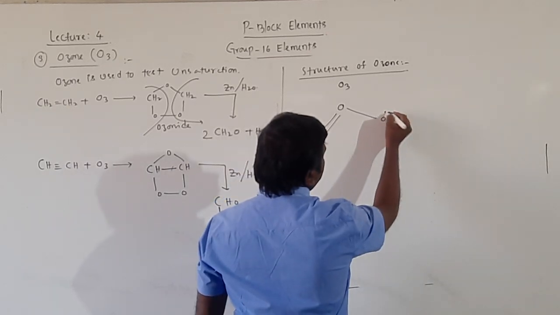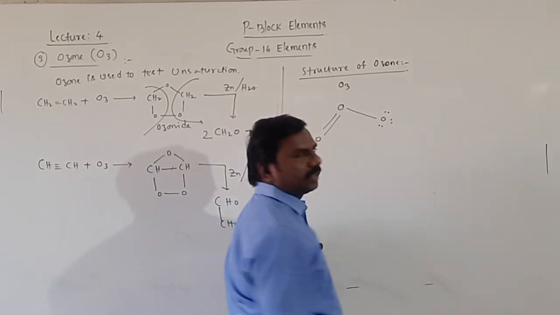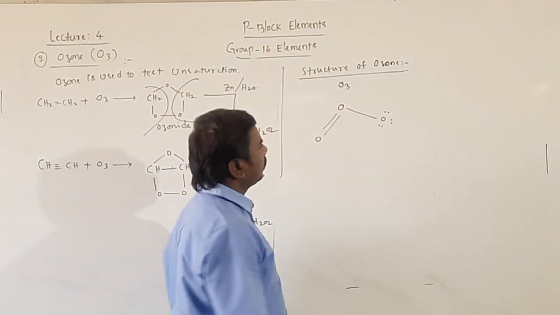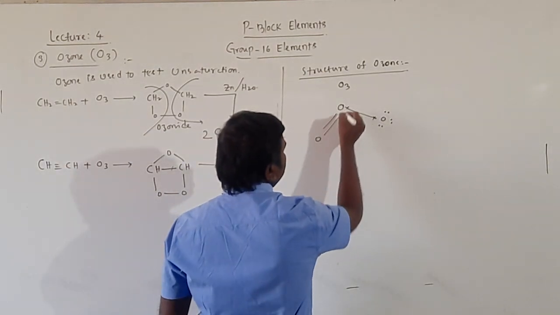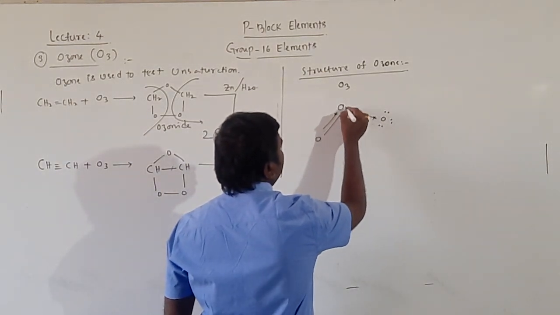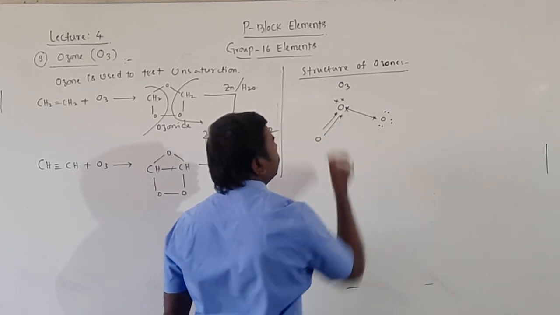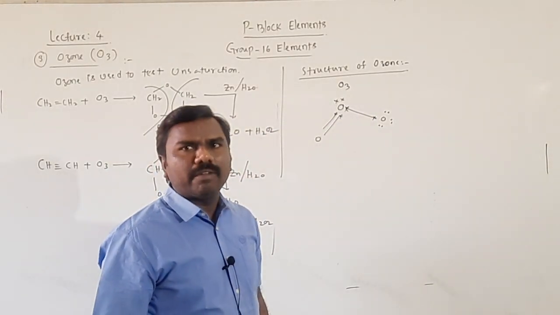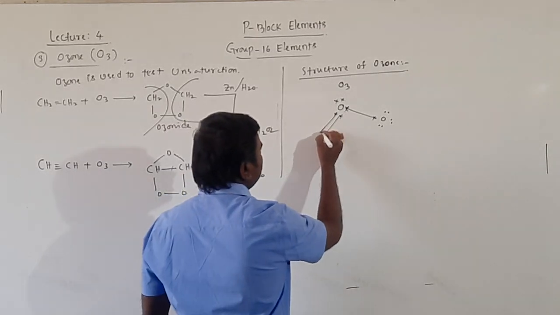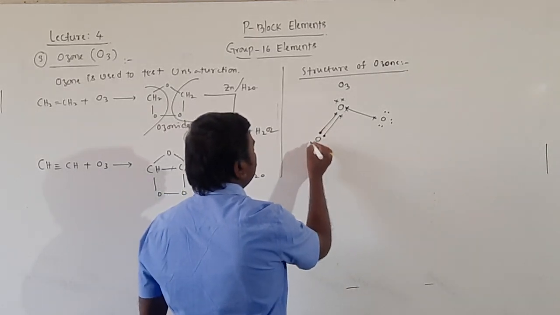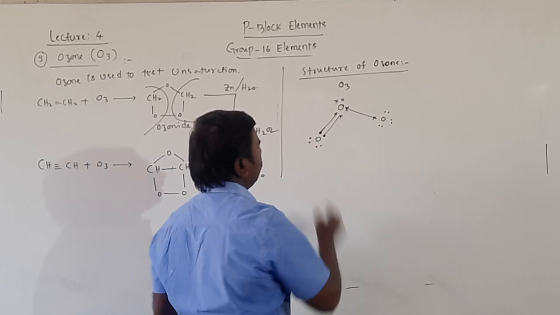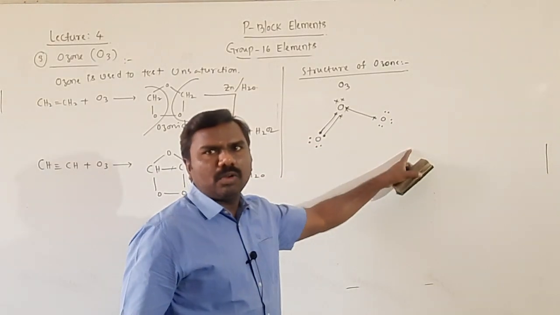So 1, 2, 3, 4, 5, 6, right students? This one has 1, 2, 3, 4, 5, 6, only one lone pair on the middle one, and this one has 1, 2, 3, 4, 5, 6, 3 lone pairs.